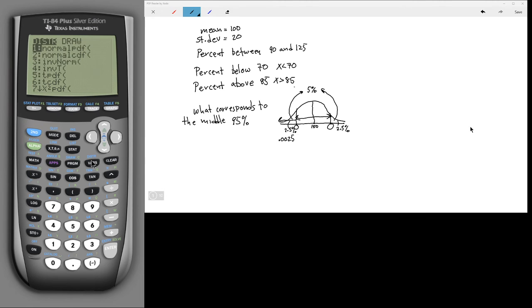And the way that we put that in is again go back into the distribution. This time you're going to go to inverse norm, because what you have is the probability. What you need is the boundary. So now we're going backwards. So that's inverse norm.